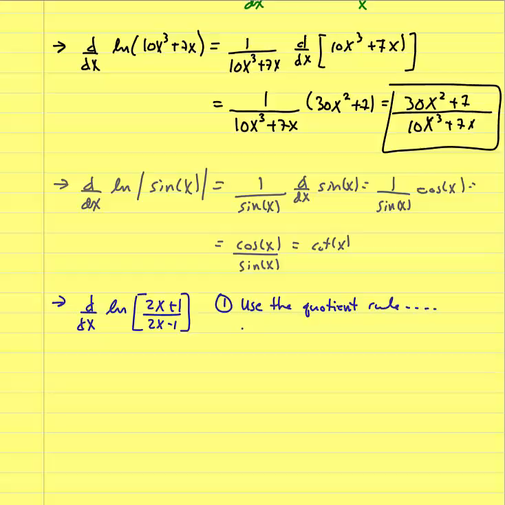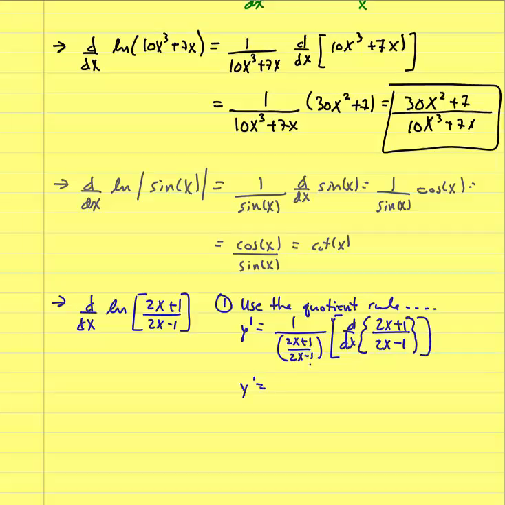And if I do that, my derivative, and I'm just going to call it y prime, would be 1 over my argument, 2x plus 1 over 2x minus 1, times the derivative of the argument. So then I'd have the derivative of 2x plus 1 over 2x minus 1.